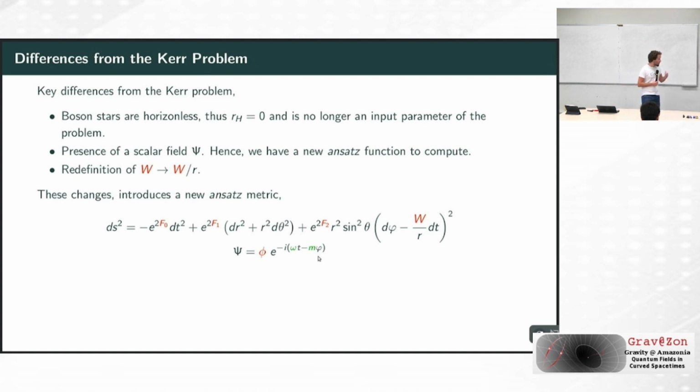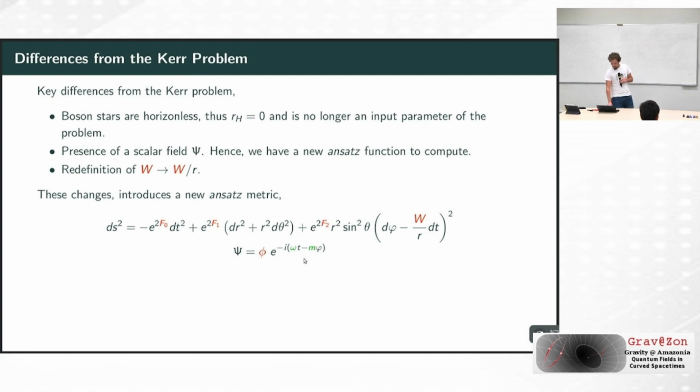You can do this, but we have to be careful that at the level of the Einstein equations, the part from the geometry does not depend on the time and the azimuthal coordinate. So the energy momentum tensor must also not depend on those coordinates. And in order to do that, you have to take this form for the scalar field.